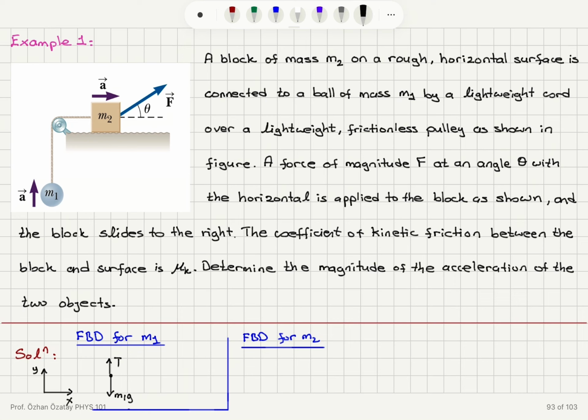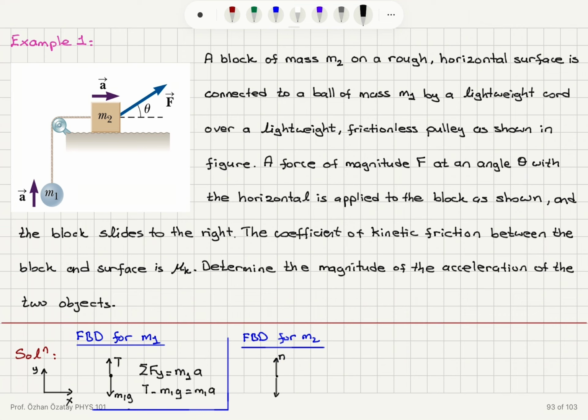On the other hand, if I look at the free body diagram for m2, I'm going to identify the forces acting on it. So m2 is going to feel a normal force from the bottom surface. So there's going to be a normal force N acting on it. There is the weight of m2, which is pointing down.